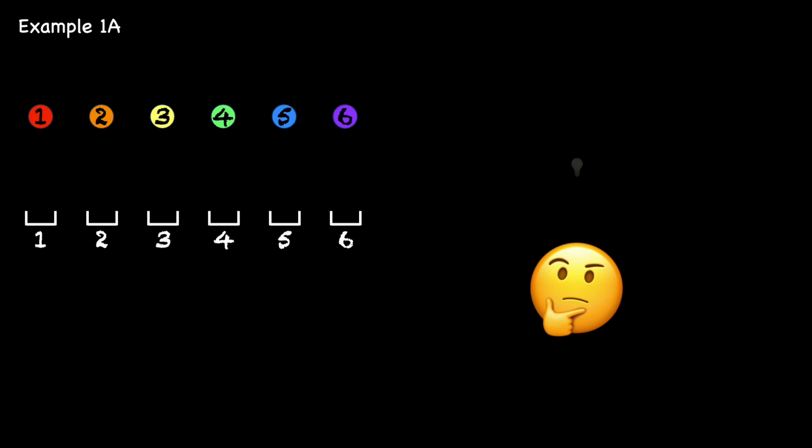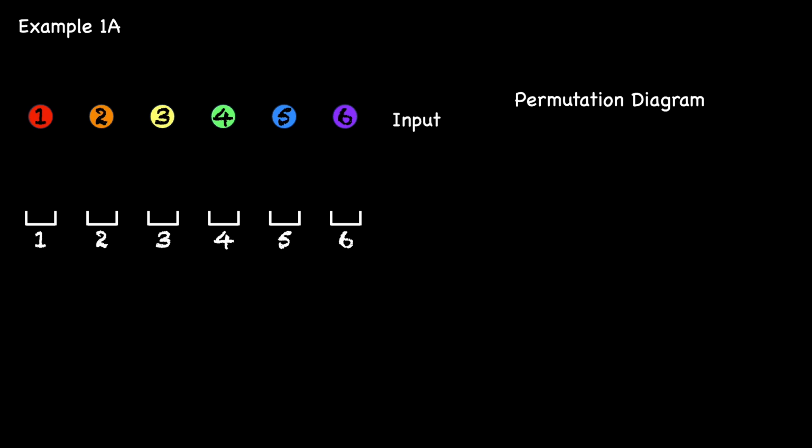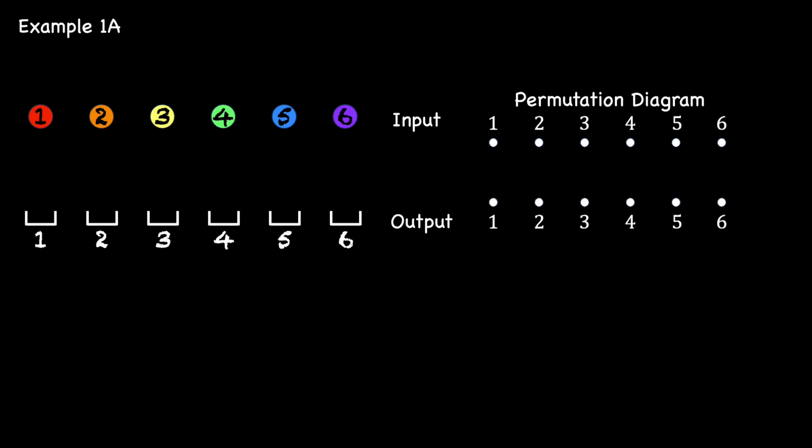Specifically, what if we created a special permutation diagram to make this easier for ourselves? We start with the inputs and create a dot representing each ball, labeled with the positive integers. Then we move to the outputs and create another dot directly under the inputs and similarly labeled. And we notice that input value 1 is mapped to output value 1.